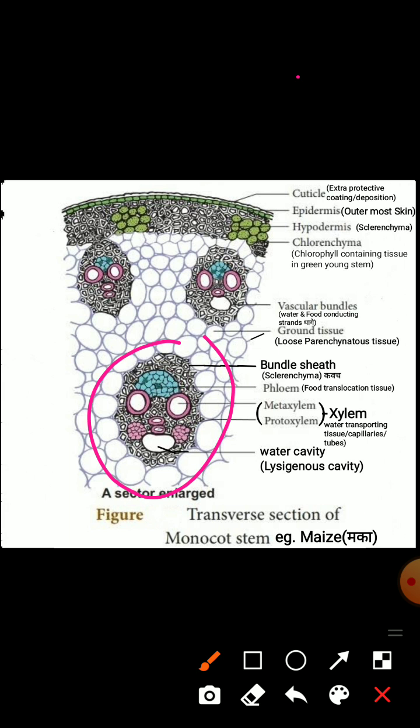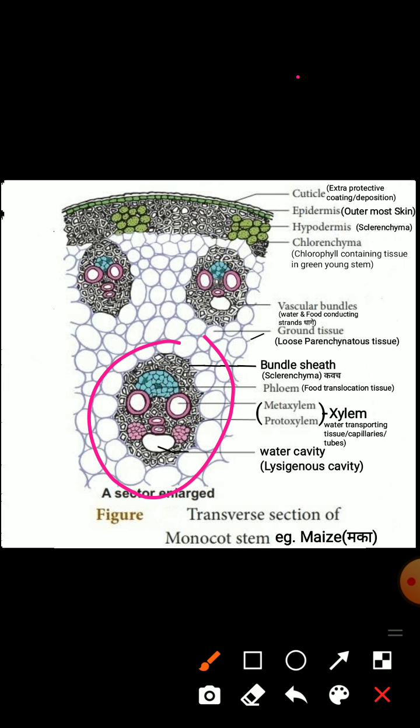These stems do not increase in thickness, in girth, because there is no secondary growth. The monocot only increases in height. There is no lateral increase, no increase in the circumference of the stem.